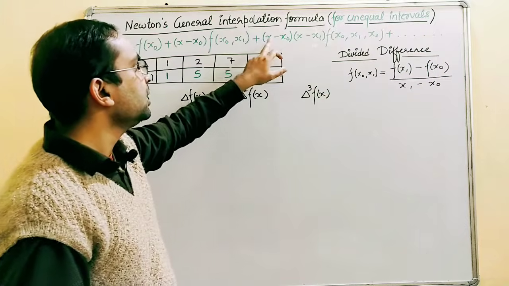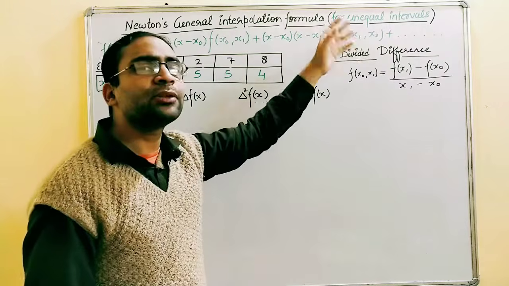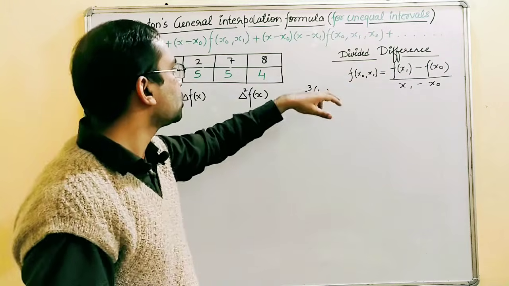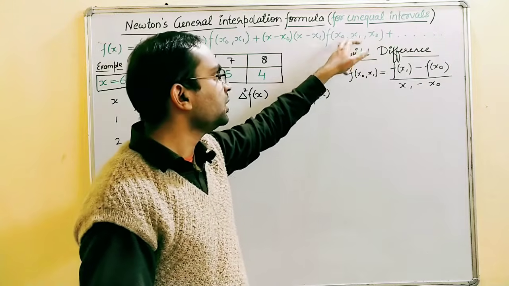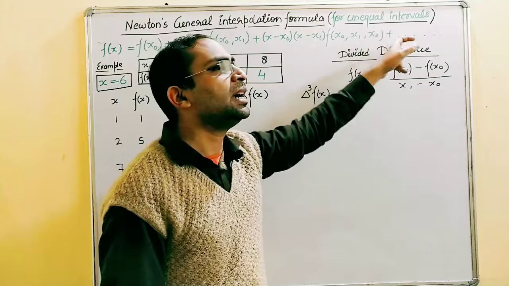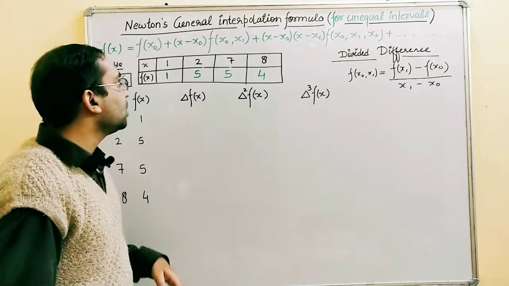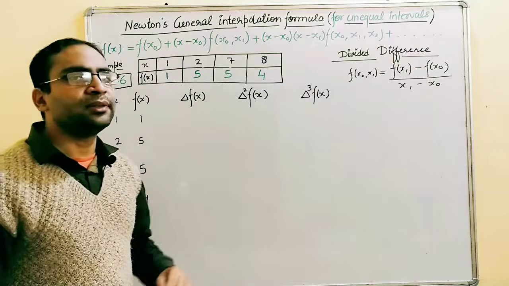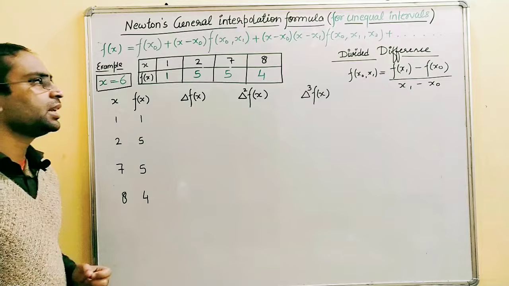The next term will be (x minus x0)(x minus x1)(x minus x2), and the next divided difference will be f(x0, x1, x2, x3), and so on. In this way, we can generate different terms of Newton's divided difference formula. We will see how we can do it with the help of an example.